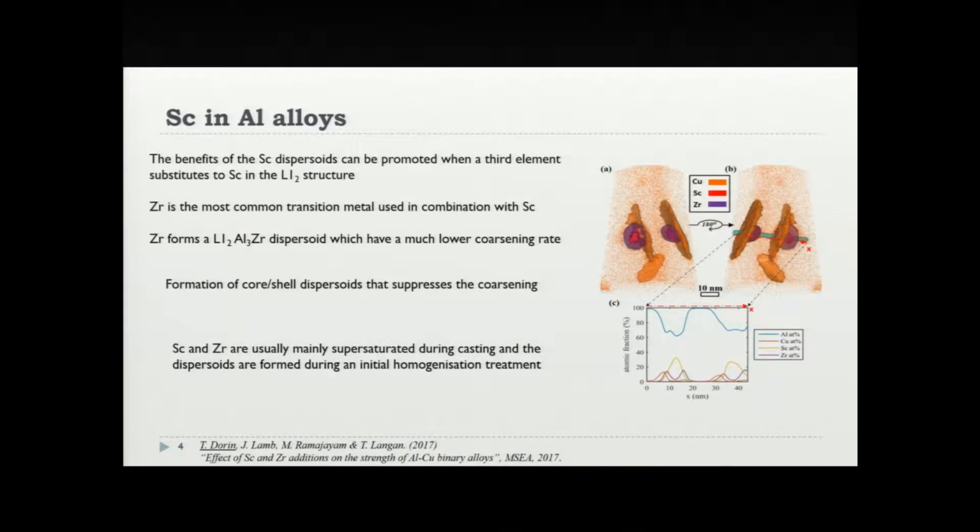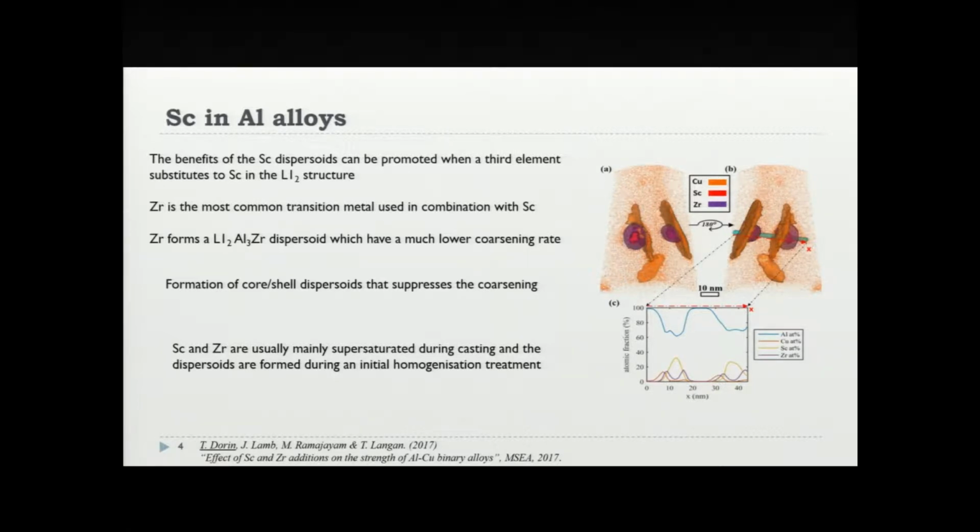That's why zirconium is often added together with scandium to form these nice core-shell dispersoids. The scandium core nucleates first, and then the zirconium forms around. Zirconium also has an L1_2 structure, Al3Zr, and these dispersoids are much more resistant to coarsening. Here is atom probe tomography from some work done last year with our partners from UAC and CleanTeq, looking at scandium zirconium dispersoids in 2000 series alloys.